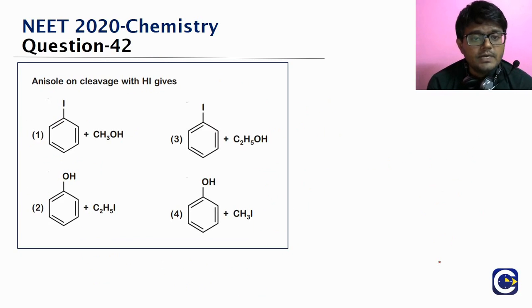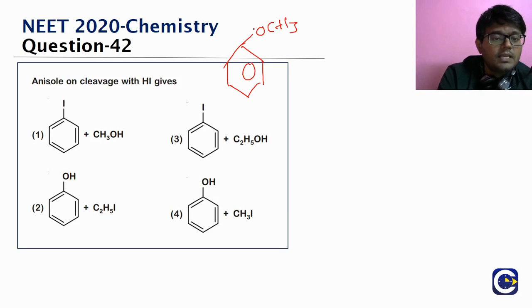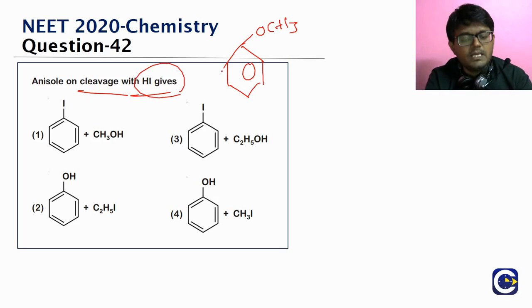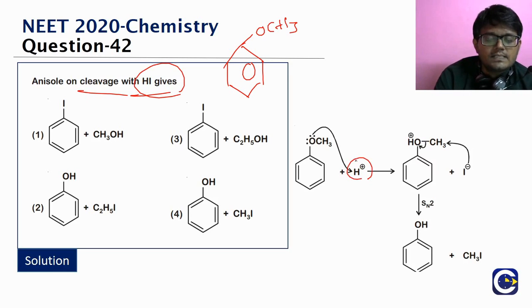Next we'll go to question number 42. Anisole. What is anisole? Anisole is C6H5OCH3. So anisole on cleavage with HI will be giving rise to what? When we react this with HI, HI will dissociate to give us H plus and I minus.